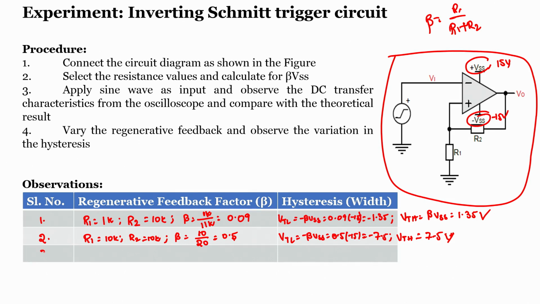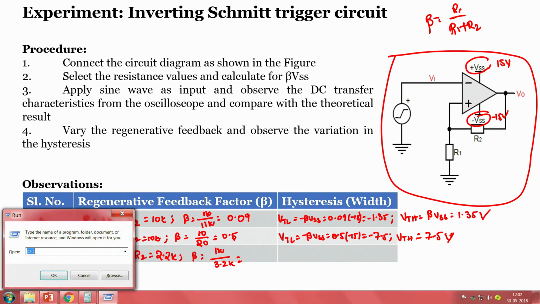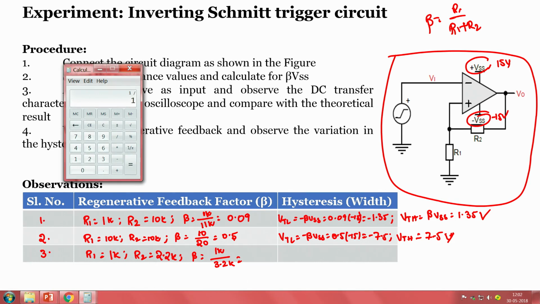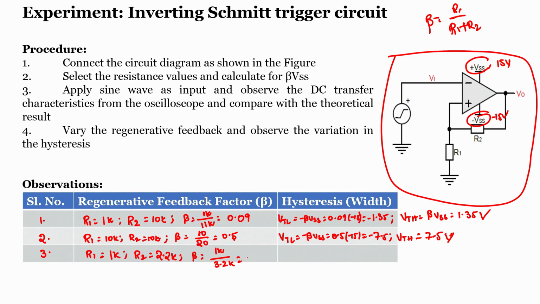Then we will also see other resistance values. R1 as 1K and R2 as 2.2K. Then beta will be 1K divided by 1 plus 2.2, that is 3.2K. When we calculate 1 divided by 3.2, it is nothing but 0.3125. 0.3125 is our beta value.